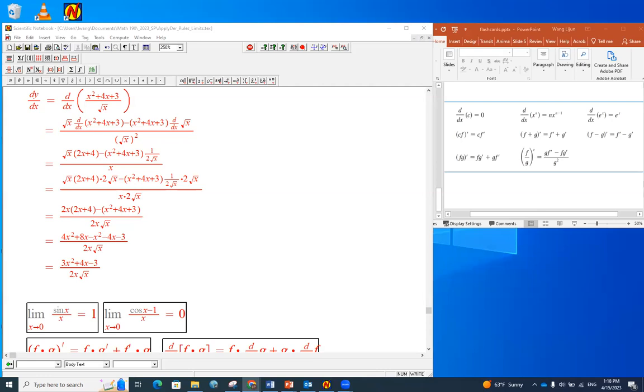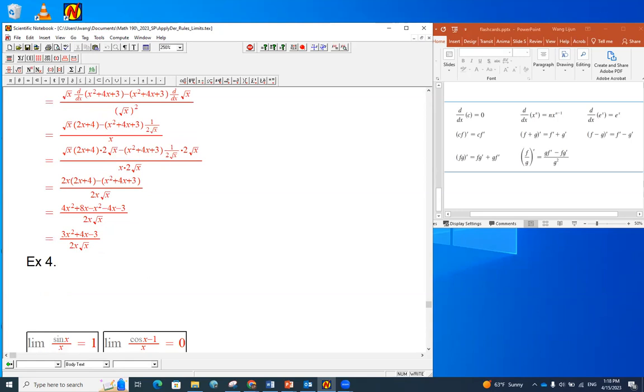So let's choose some other questions to work with. Like this one, example number 4. Find the equation of the tangent line to the given curve, right? So here, let's look at one of these.